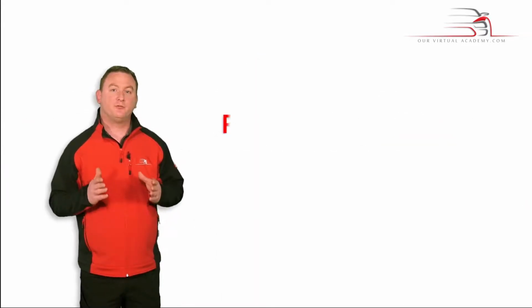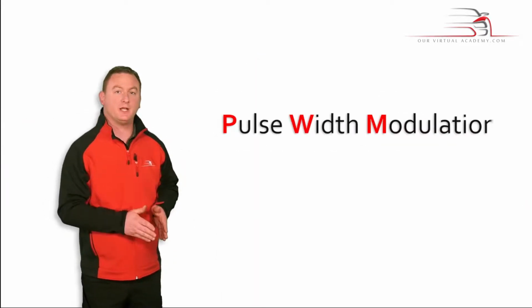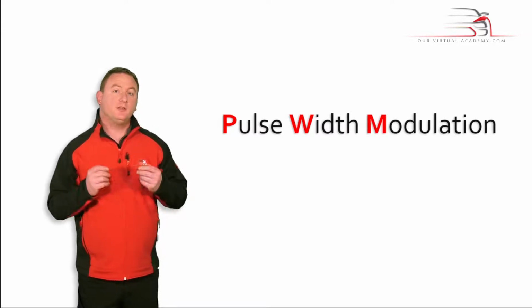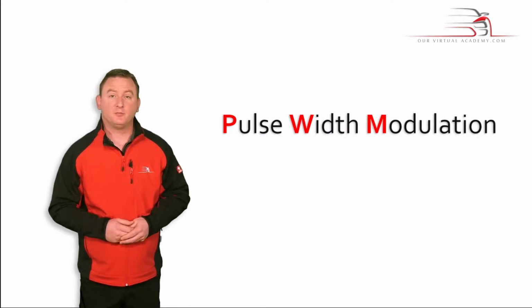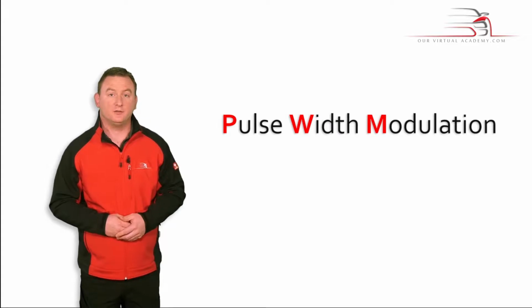So what's PWM got to do with these components? Right, first we need to understand what PWM actually stands for. PWM stands for Pulse Width Modulation. This can be referred to as different names by manufacturers and component suppliers.